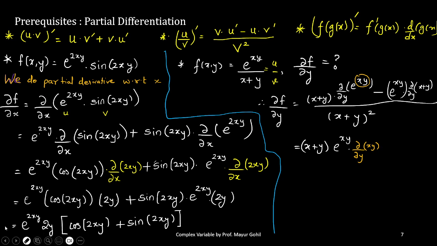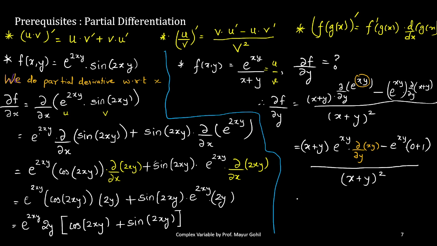So here you have minus e to the power xy. Now the derivative is with respect to y, and x is the constant, and it is having addition, right? So when you have constants in addition standing alone, their derivative is 0, and derivative of y with respect to y is 1. And in the denominator there is nothing to be done, it is just x plus y the whole square.